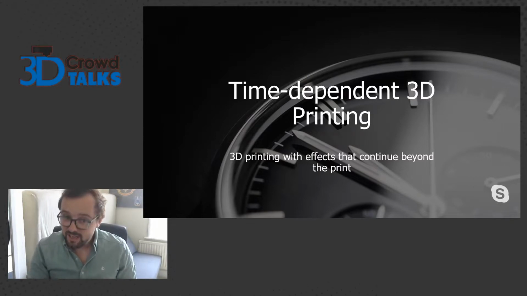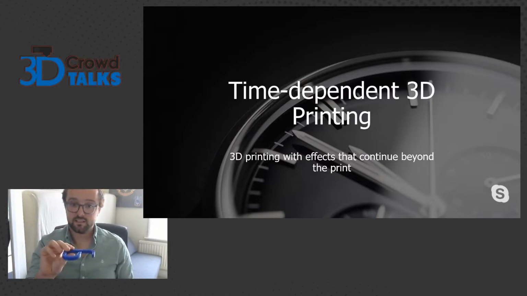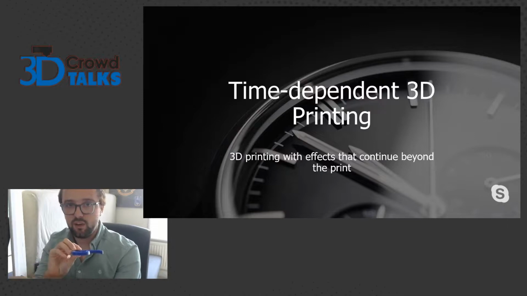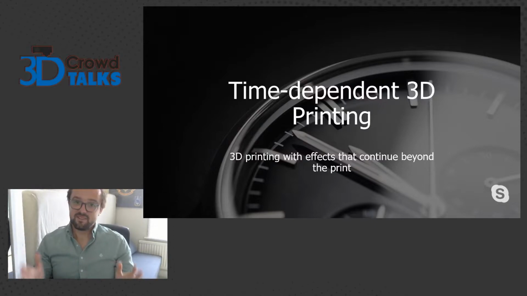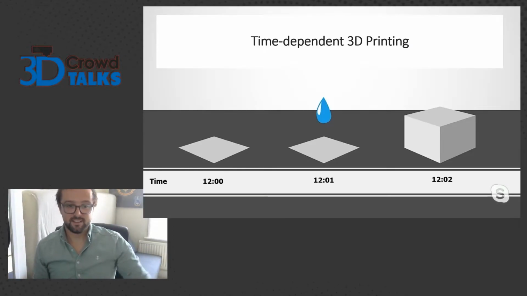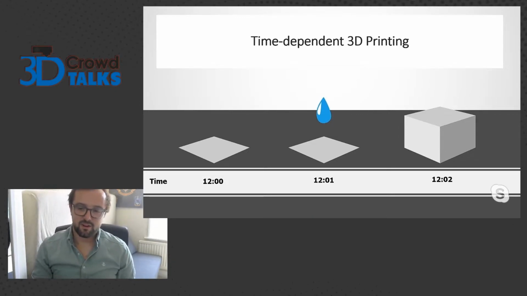So time-dependent 3D printing. Say you 3D print a flat sheet, but it will continue with effects that continue beyond that print. Not with me yet? I'll keep going. So, on the left, say it's midday, you've 3D printed a flat sheet of paper. You put it in a bath of water at 12:01.